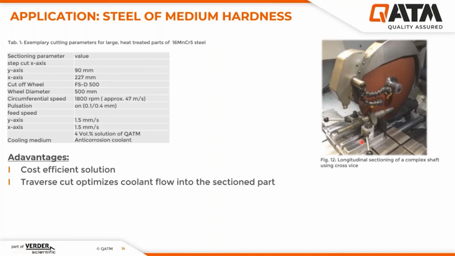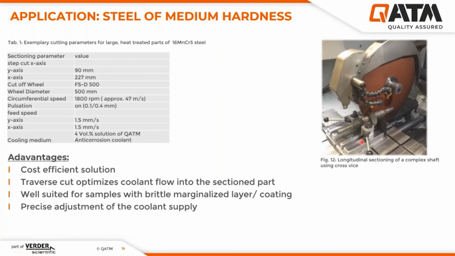As already mentioned, the traverse cut optimizes the coolant flow into the sectioned parts and protects the case-hardened shell. Also, of course, we can very precisely adjust the coolant supply with these coolant hoses present here.